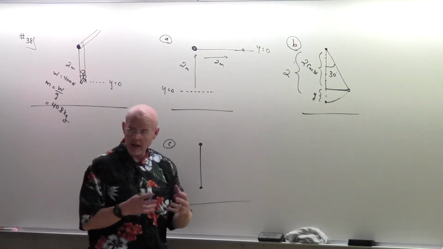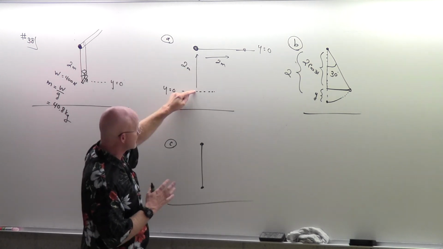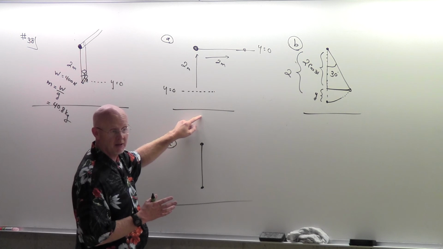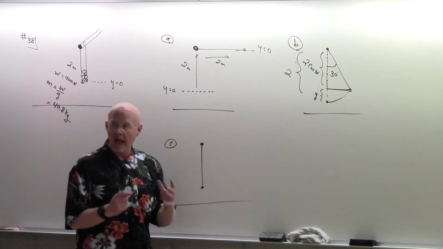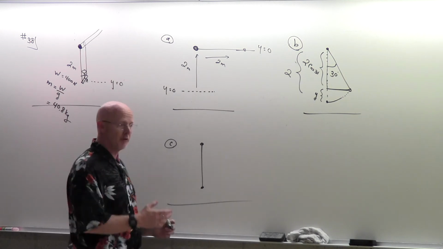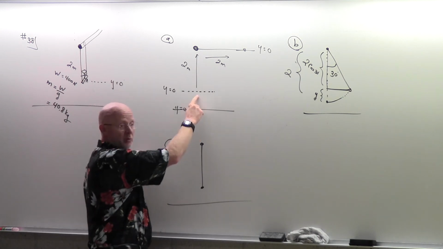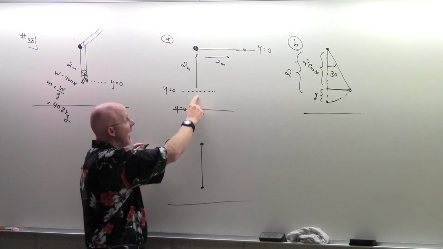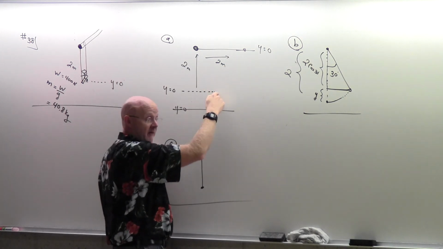Or we could switch it around. This point is 0, and that is a plus 800, which is why the ground would be a negative number. You don't have to call the ground 0. Even if you did call the ground 0, that just means up here on the swing it is something greater than 0, and up here at the top of the swing it is 800 more than that something.